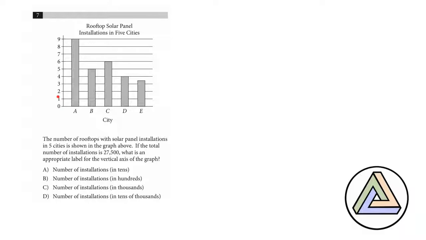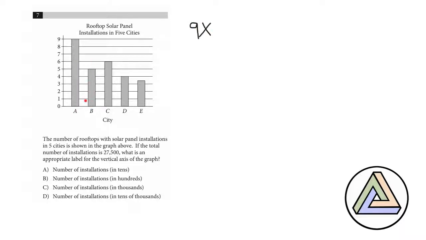Now clearly this only goes from 0 to 9, so this is not a literal numerical interpretation of the reality of what's happening here. It might be like 1,000, 2,000, 3,000 for all we know. We're not really sure just yet, but the bottom line is, it's going to be 9 times some number x, because that's the amount of rooftop solar panel installations in this city.